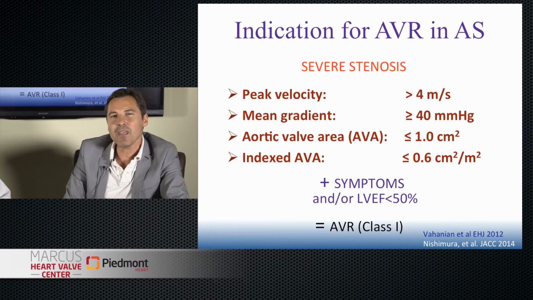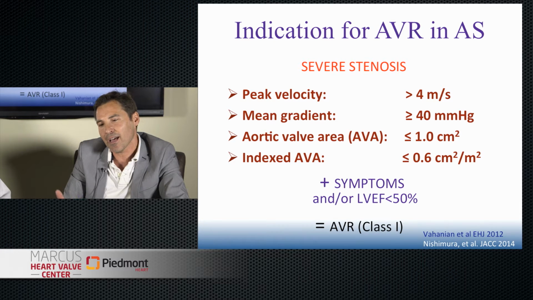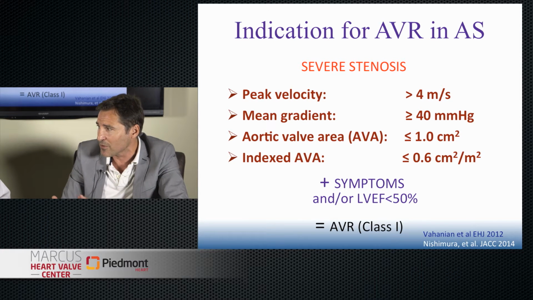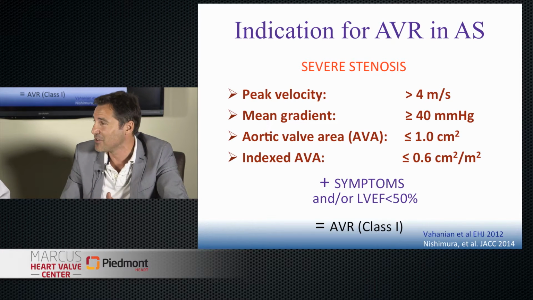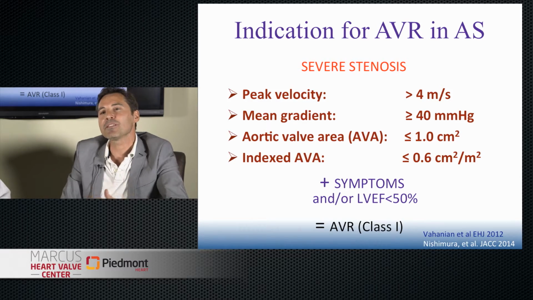And now maybe I will just highlight an important aspect. In aortic stenosis, management is dictated by two important things: symptoms and severity of disease. And maybe in some patients, if you have severe stenosis and asymptomatic LV dysfunction, this is also another parameter to take into account to refer the patients for surgery.